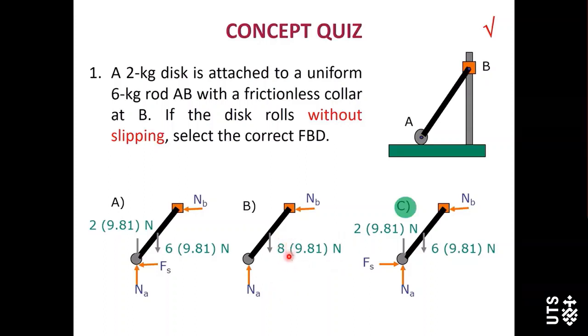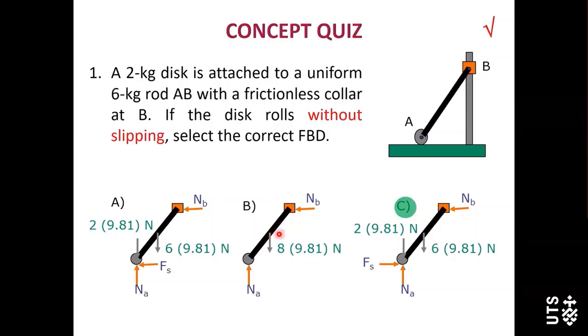8 times 9.81 Newton. This is the weight force of this system, including the disc and the rod AB. But here, this acting point is the middle point of this rod. This is wrong.